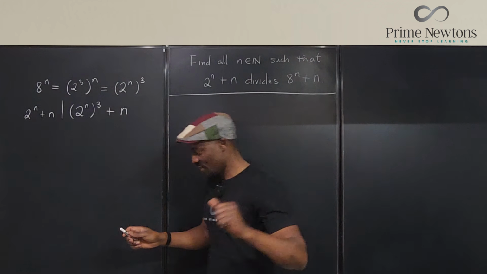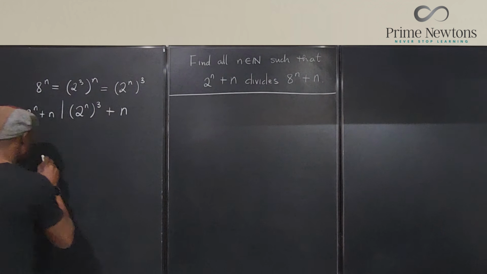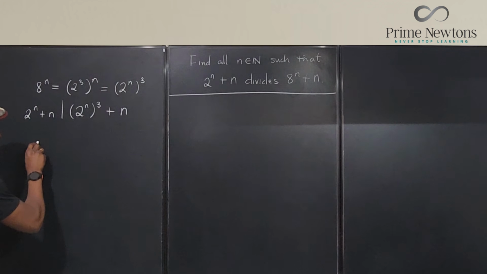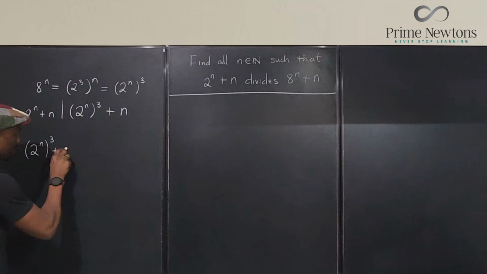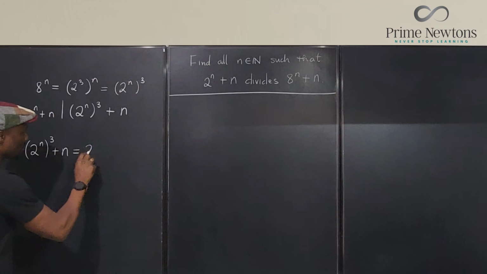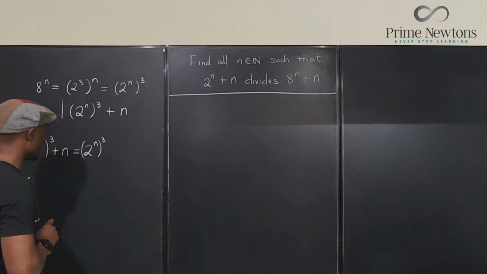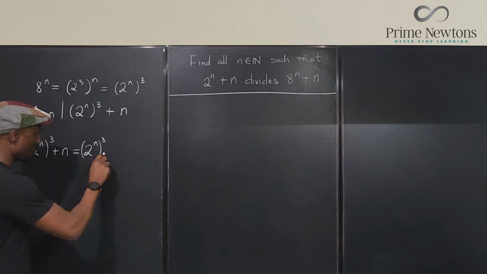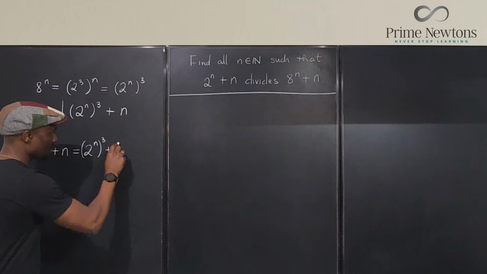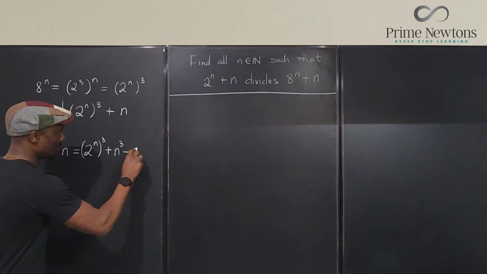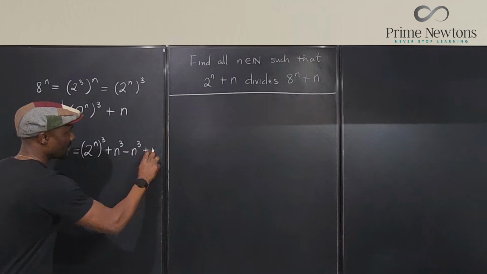So see what I'm going to say. 2 to the n cubed plus n can be written as 2 to the n cubed plus n cubed minus n cubed plus n.